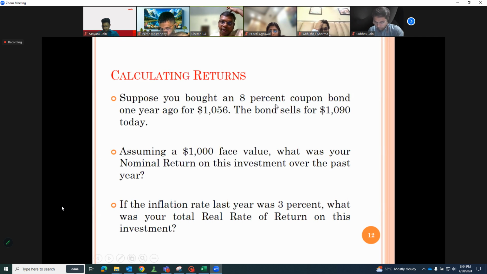Suppose you bought an 8% coupon bond 1 year ago for 1056. The bond sells right now at 1090 today. Assuming that 1000 is the face value, what was your nominal return on this investment over the past year? If the inflation rate for the last year is 3%, what was your real rate of return on this investment?